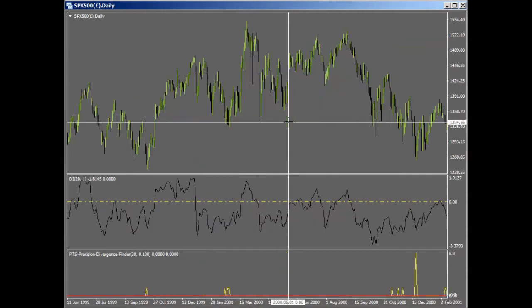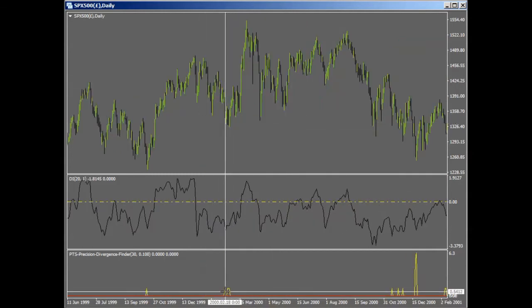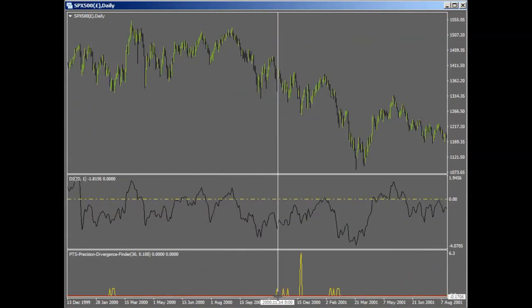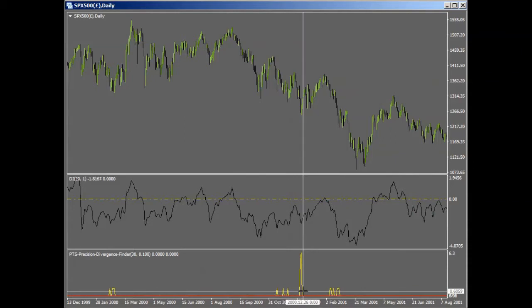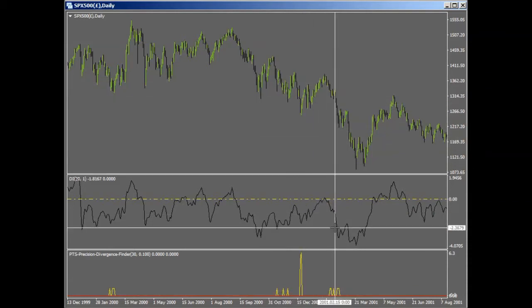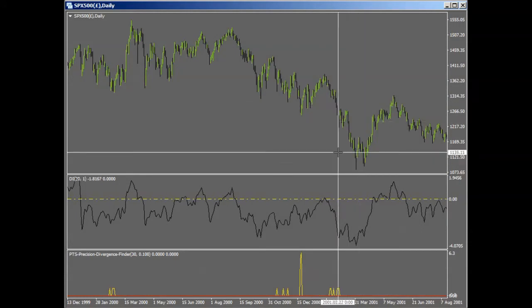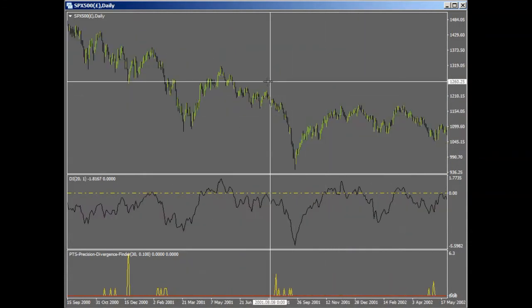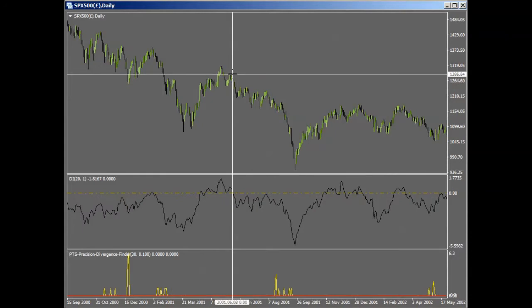Another splendid one. This one is also right on the bottom. These ones are losers. This one is maybe a very small winner. And these are the ones that just keep going down. You will find a lot of them. There's nothing you can do apart from use stops.